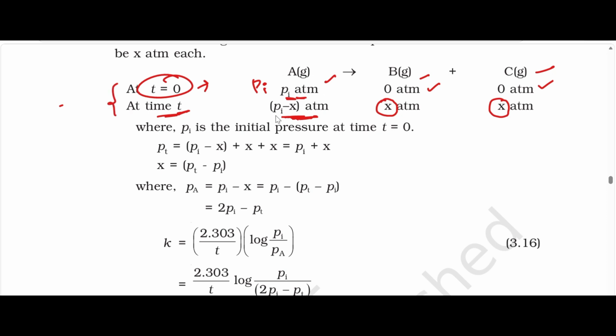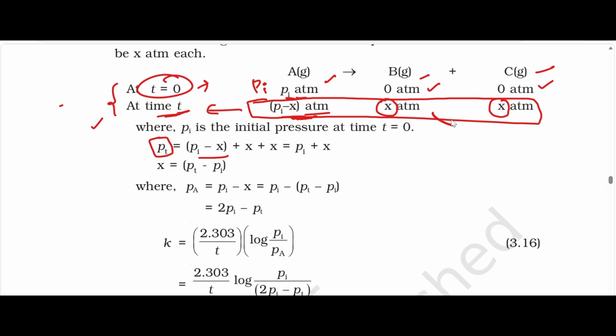Initial pressure, and after some time the pressure of the reactant will be Pi minus X. Now I am calculating the total pressure after some time. That means Pi minus X, X and X, so total I have got Pi plus X. Even I will write once again here, Pi minus X plus X plus X.